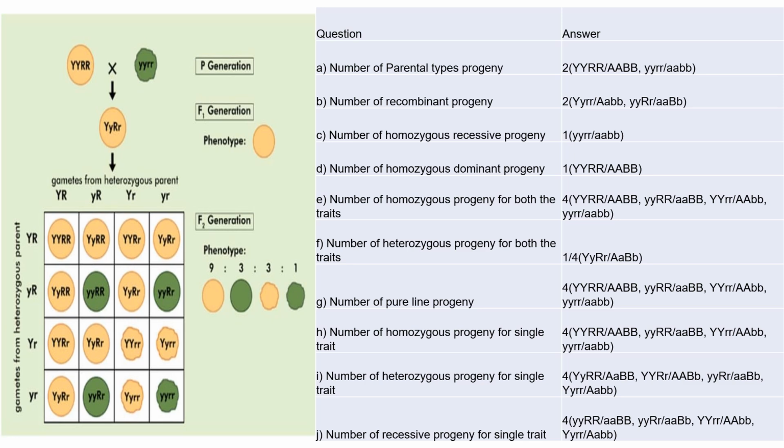Parental types progeny is given as 2, but considering the parental phenotypes, there are 9 yellow round seed plants, plus 1 that is from the parental type, the wrinkled green color.